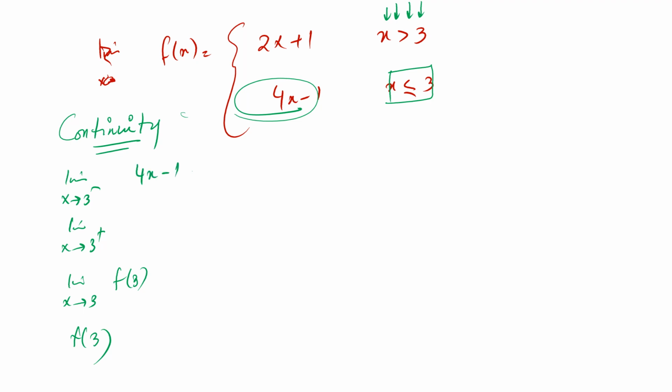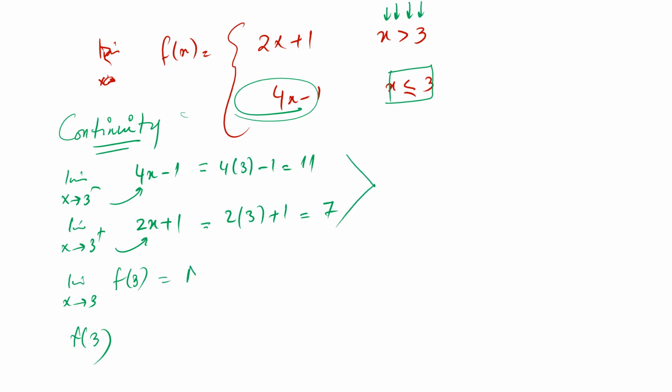Right hand side x is greater than 3, that is 2x plus 1. Apply the limit. So 4 times 3 minus 1 gives me 11. Similarly, apply the limit in the second equation: 2 times 3 plus 1 gives me 7. Are they equal? No, they are not equal, which means the limit does not exist.